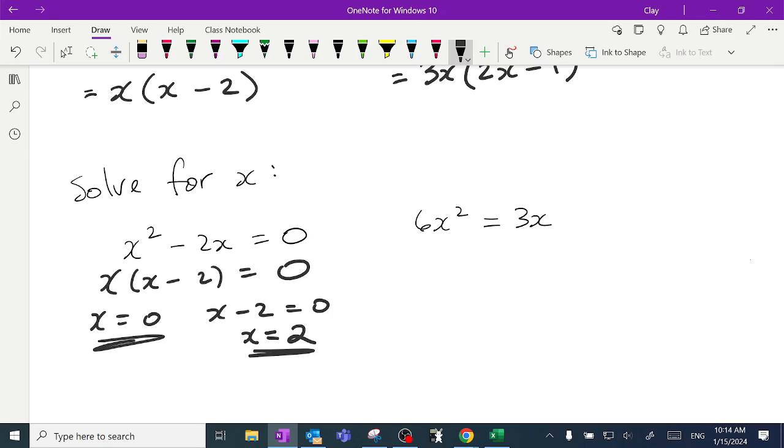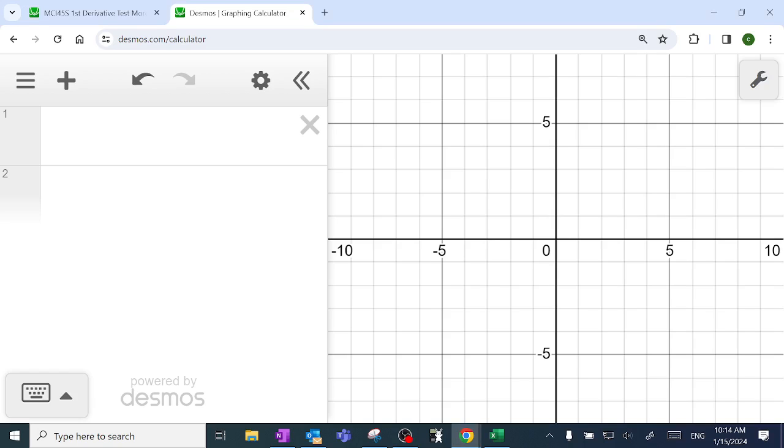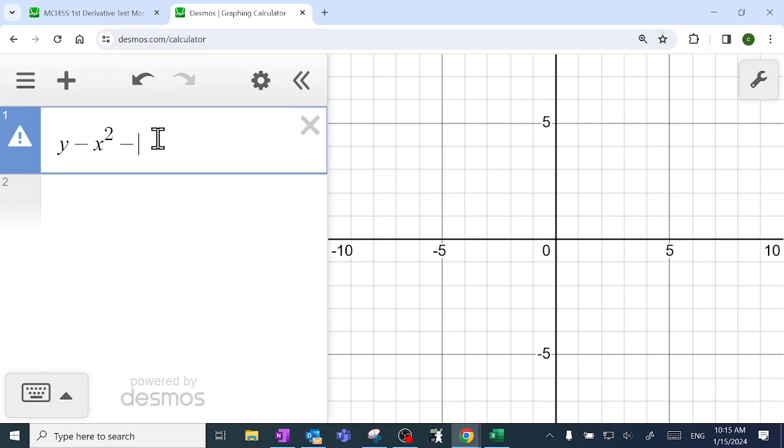And this relates to what we've already been doing this unit in that, recall, you don't have to write this part down if you don't want to, but recall that if this was y equals x squared minus 2x, and I were to graph it, there we go.